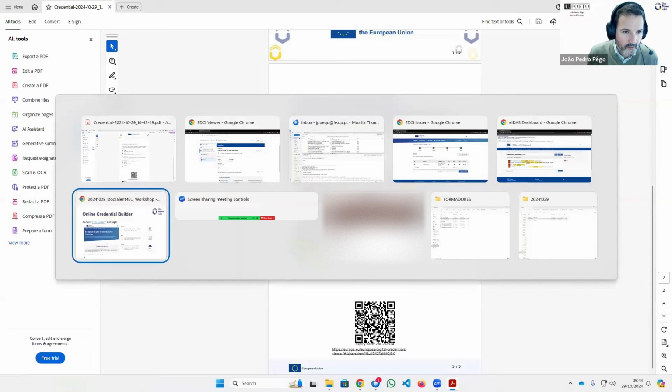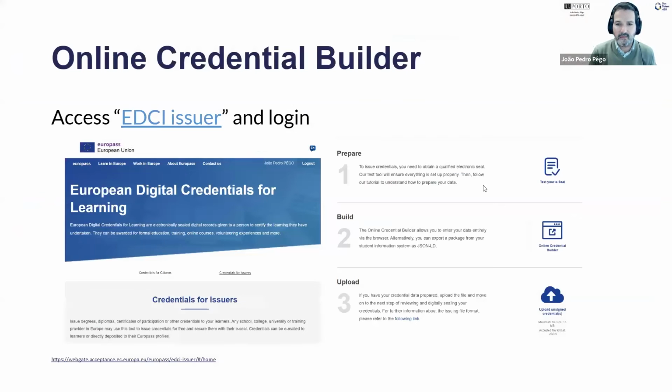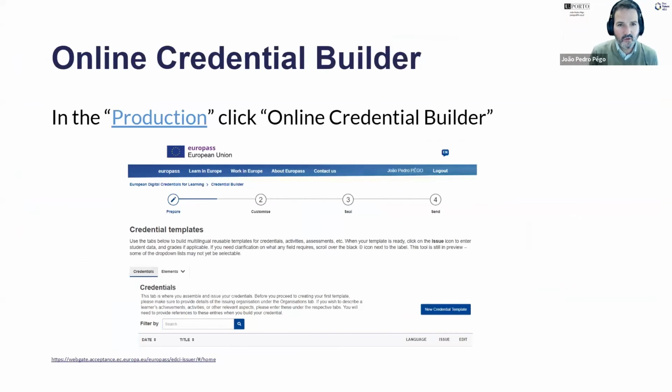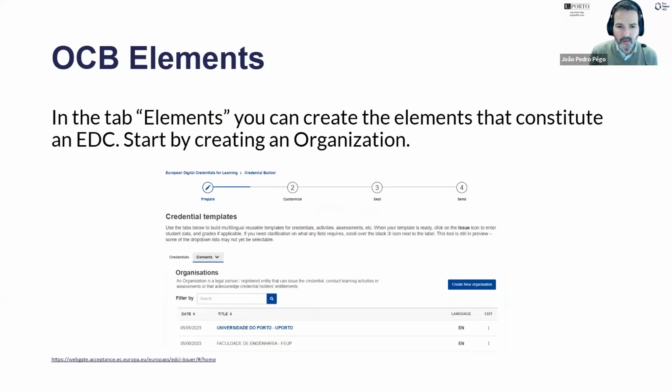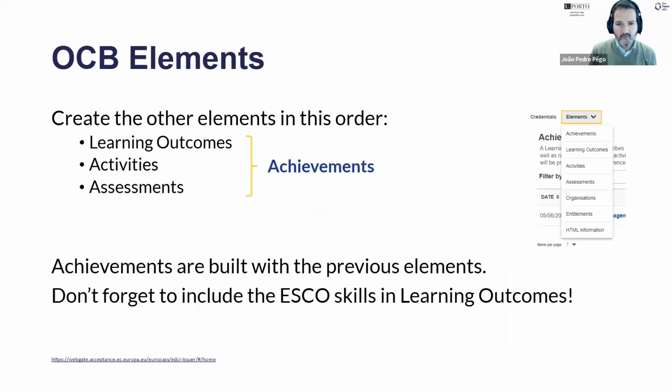I'd like to go back to our presentation if I find it. Yes, I think I did. I'm going to jump most of the slides now because I've shown how to do them online. I'm just going to leave them here for you as a reference.